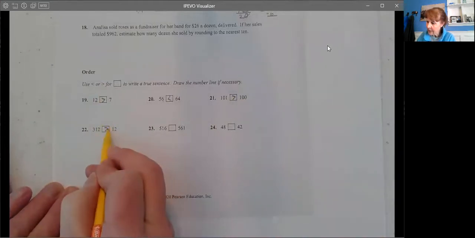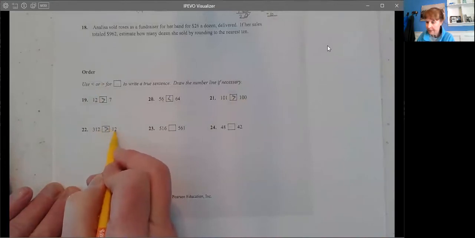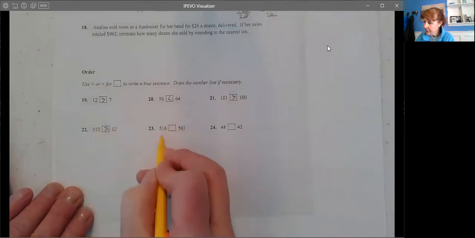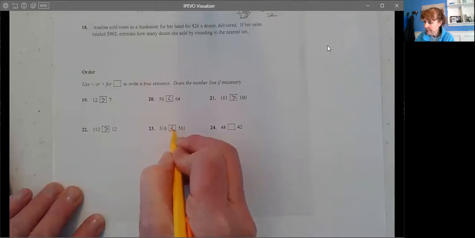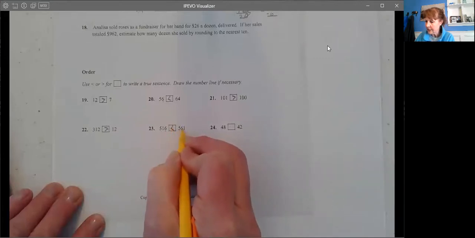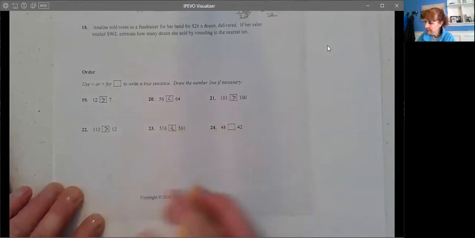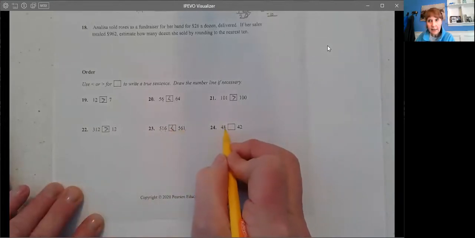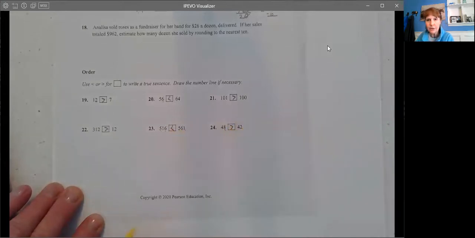So the smaller end is always towards the smaller number. In this example, 516 is less than 561. And our last one, 48 is greater than 42.